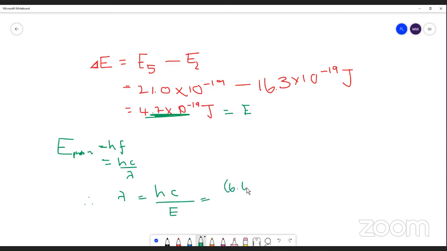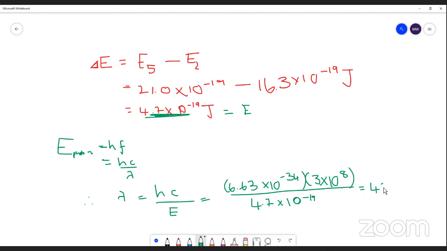So 6.63 times 10 to the negative 34 times 3 times 10 to the 8, divided by 4.7 times 10 to the minus 19. If you plug it into your calculator, you should get 423 times 10 to the negative 9, so 423 nanometers.